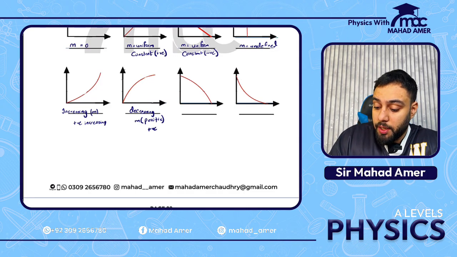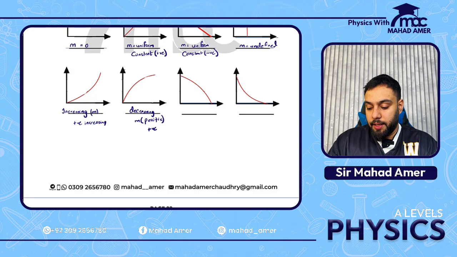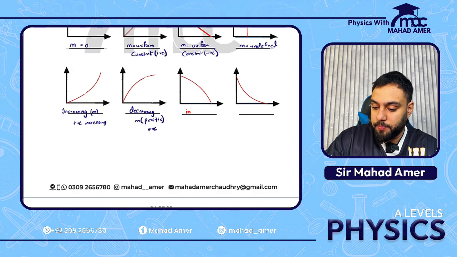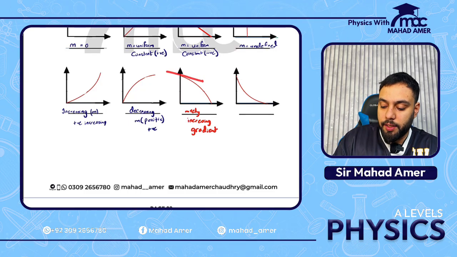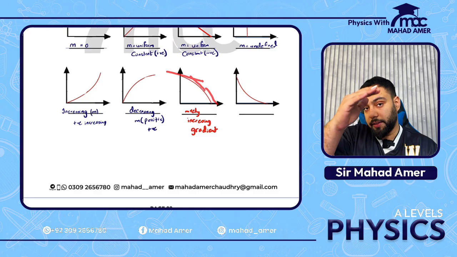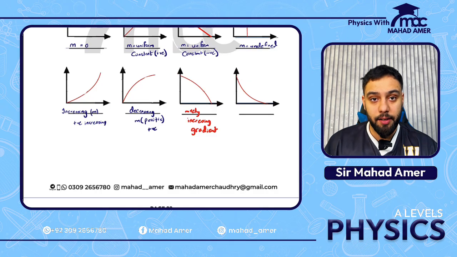All right. This is a negatively increasing gradient. So you realize that this is a negative gradient line, and since the line is increasing, the gradient is also increasing but in negative.